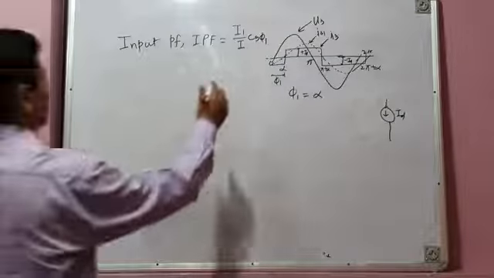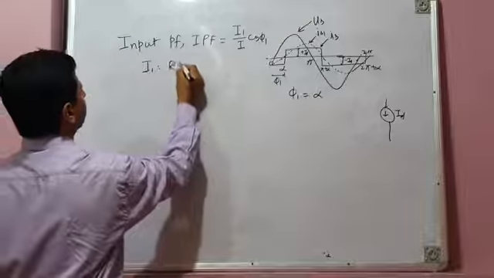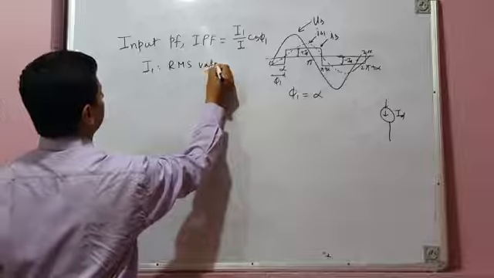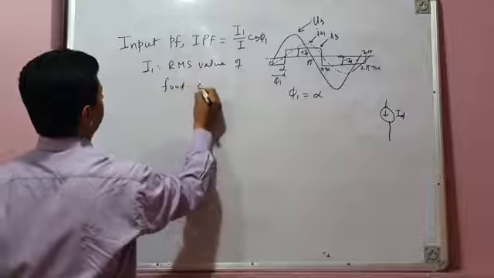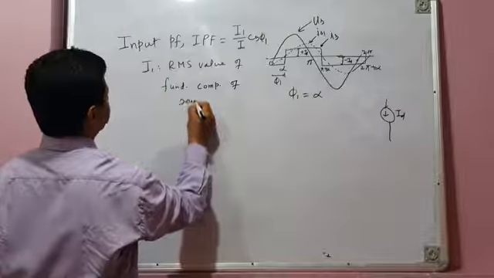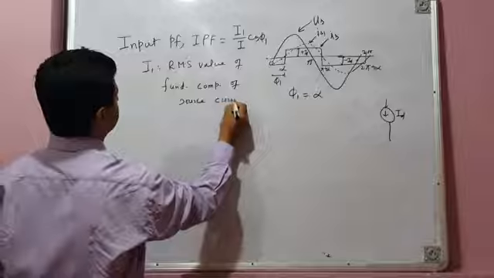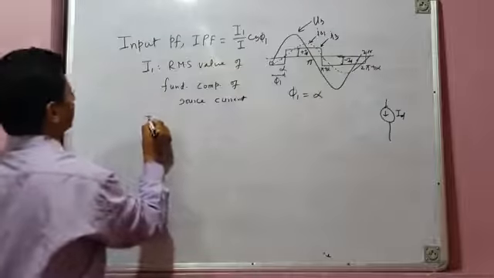Okay. Now I1, what is I1? It is the RMS value of the fundamental component of source current. So it is same as IS1. And what is I?